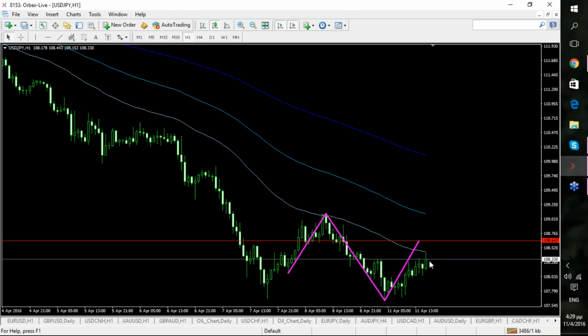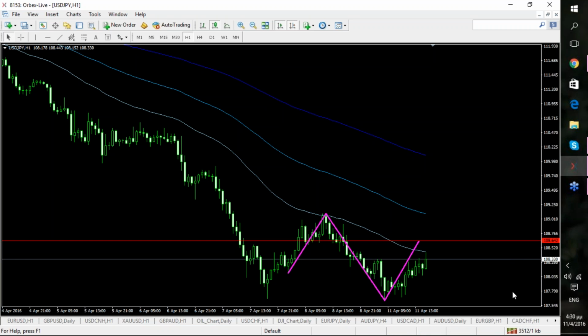If at all it decides to actually move upwards, you've got the second line here, the 108.64, to be another level of resistance, because if we look left, it has acted as support as well as resistance here, and some support here as well, and some more support here, and some resistance here.